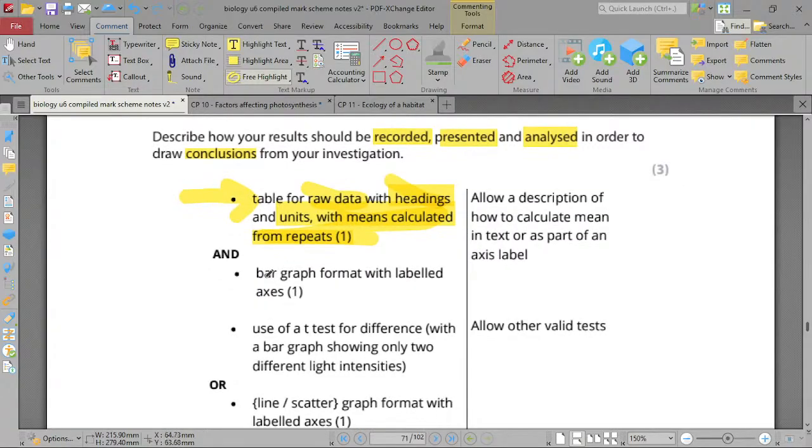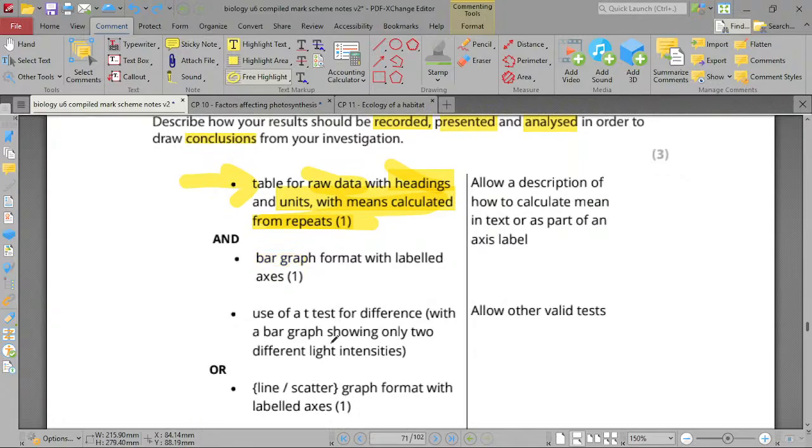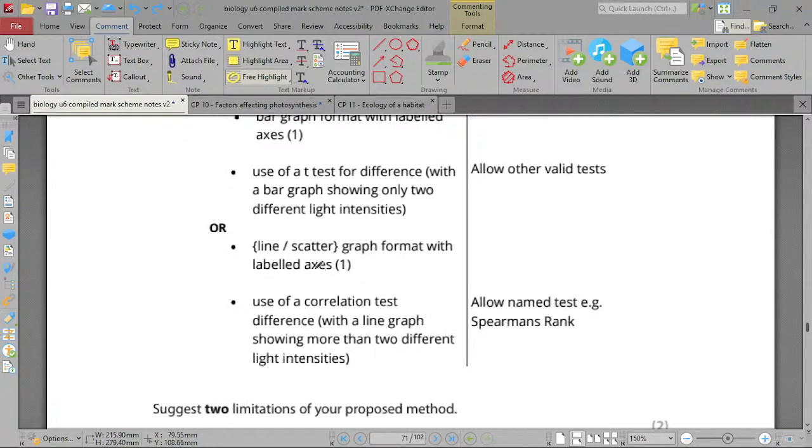Then to present the data, you're going to be using a bar graph format with labeled axes, and then a t-test. I would personally not use a bar graph. I would use a scatter graph format, always label your axes, and then use a correlation test, with a graph showing more than 2 different light intensities.